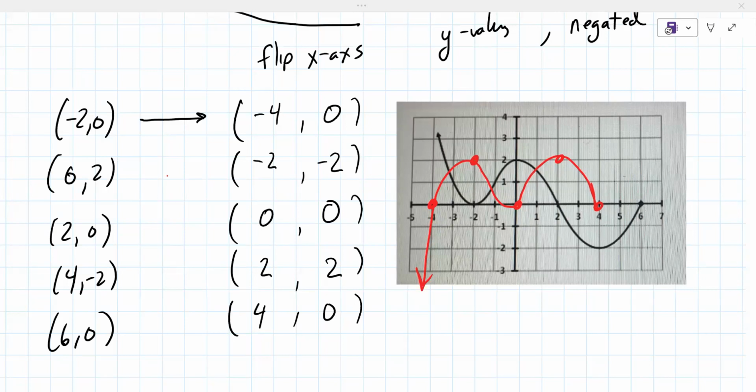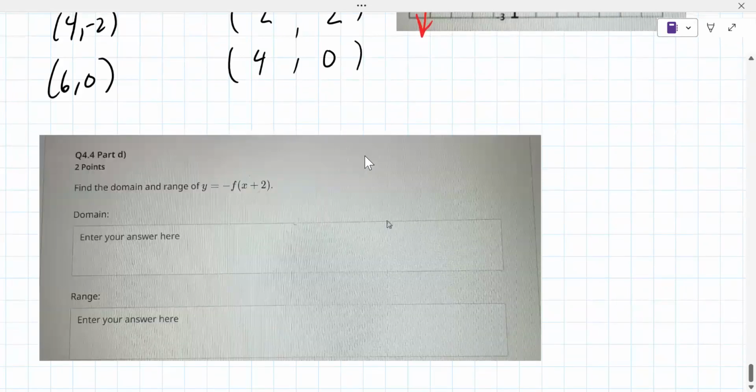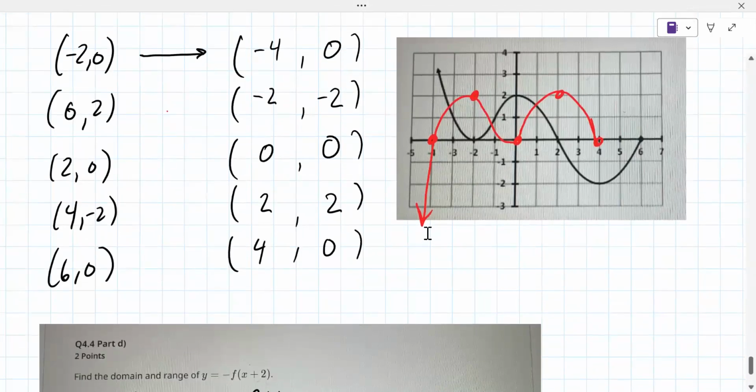I'm back and we're going to do domain and range now on this. Let's see if I actually grabbed that snip. I did. Okay. So again, the domain is left to right here. While this goes down forever, it also goes to the left forever.